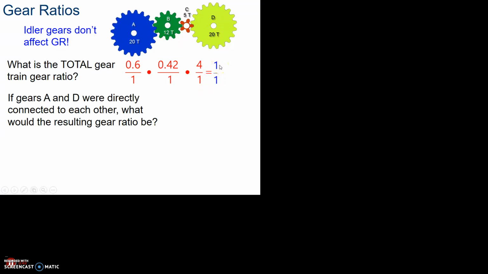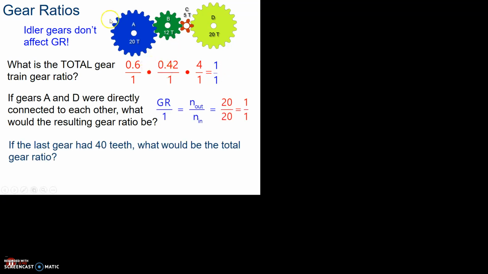If we have them connected this way, all we do is multiply the other gear ratios, A to B, B to C, and C to D, multiply all those fractions together, and that would give us, in this case, a gear ratio of 1.